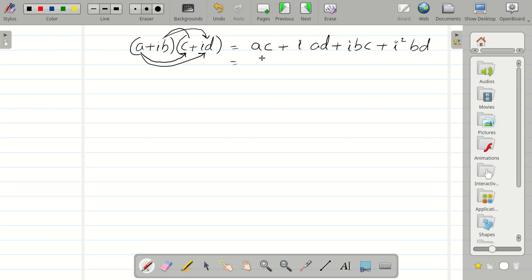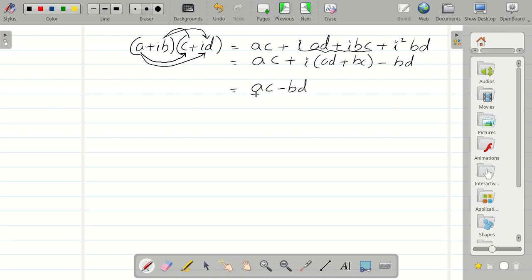So that's going to give me ac plus, I have something common over here, so I'll get i into ad plus bc, minus b into d. So my final answer is ac minus bd.